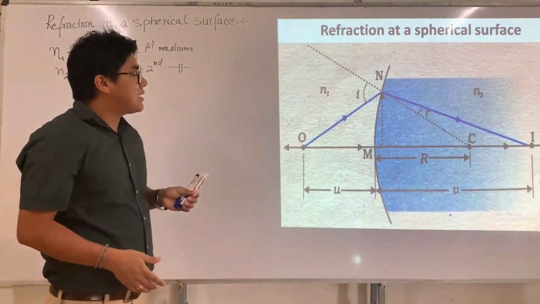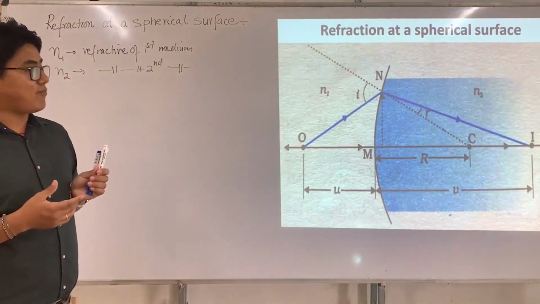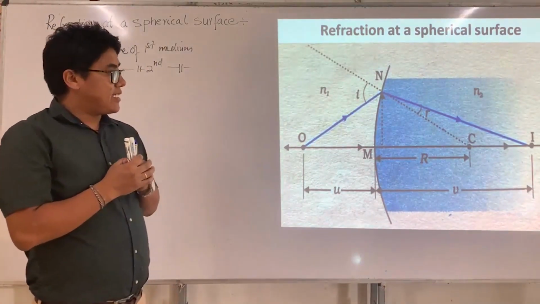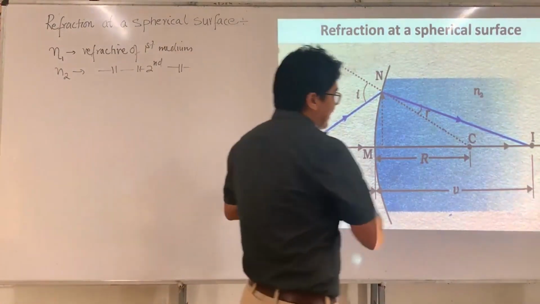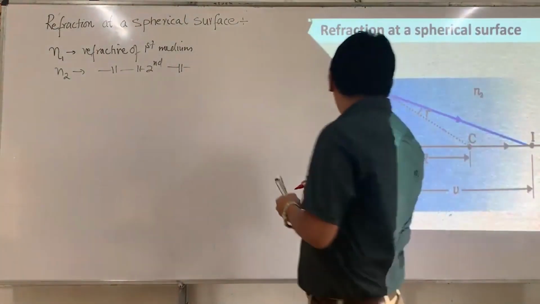This is the geometry of refraction at a spherical surface, and O is the object and I is the image of the object O.